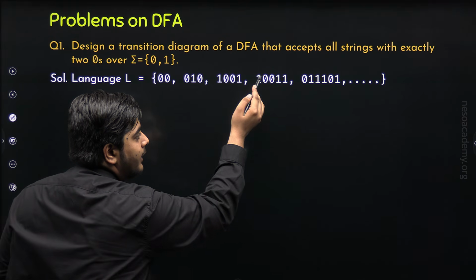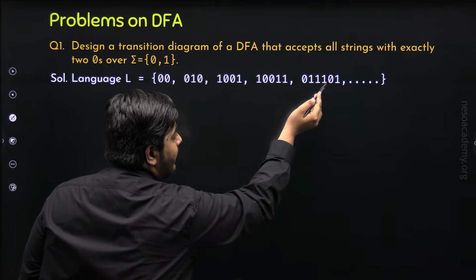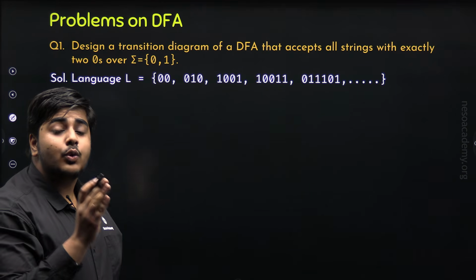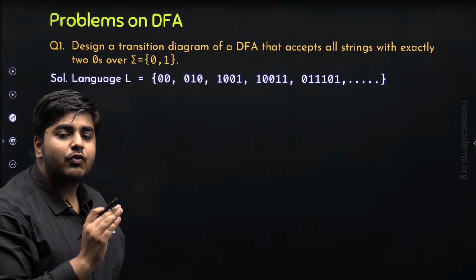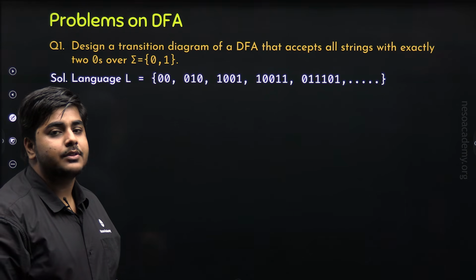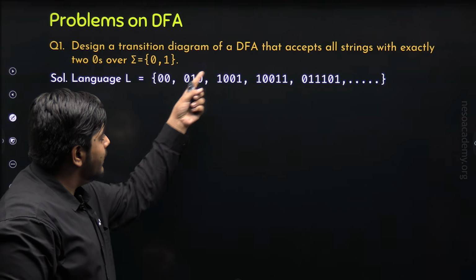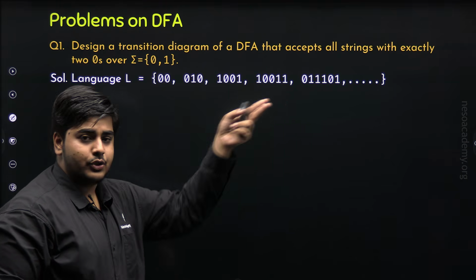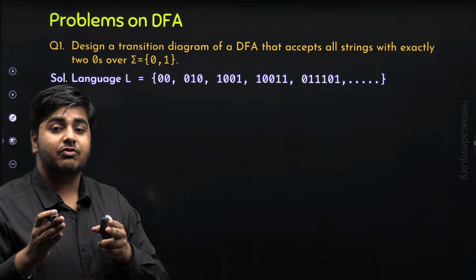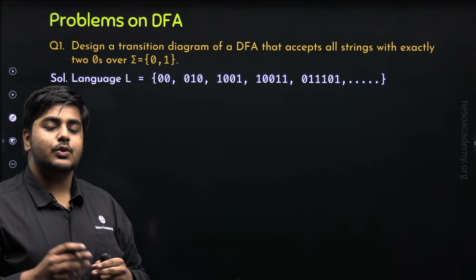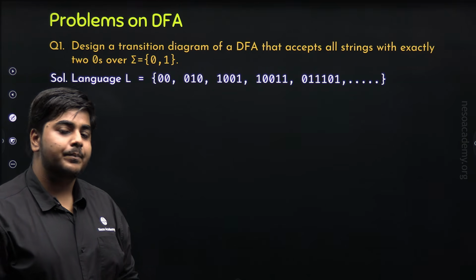Zeros can come together and zeros in the string can be far apart also. Also, there is no restriction on the number of ones and the position of ones. So there can be no one, single one, 2 ones, 3 ones, and so on. So we can have 1 any number of times anywhere in our string. So let's start designing our DFA.